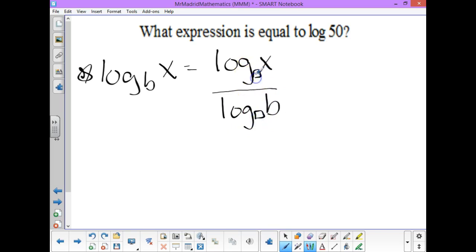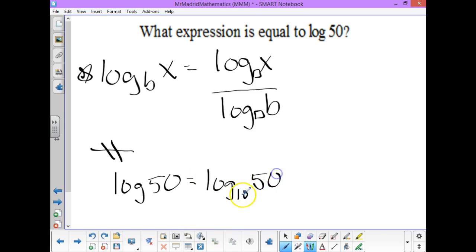Remember in the notes you had an a, because you can really put any appropriate value in there. With that said, let me do a little page break here. Here's what we can do: log of 50 equals log base 10 of 50, because the 10 is implied.